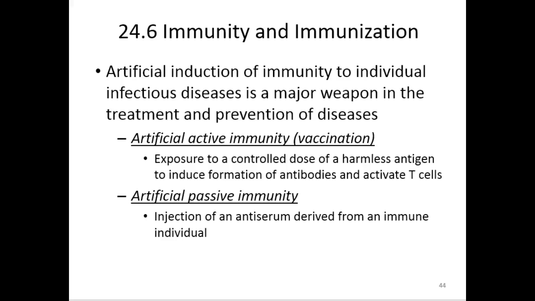Other ways of getting immunity are artificial, and artificial immunity can be gained actively through vaccination. So in this case, what we're trying to do is stimulate your antigen-presenting event when you get a vaccine, say for influenza, where phagocytic cells swallow up the foreign virus particles and present them to T cells.